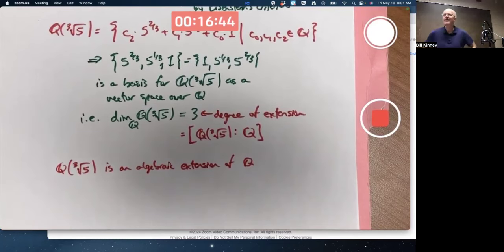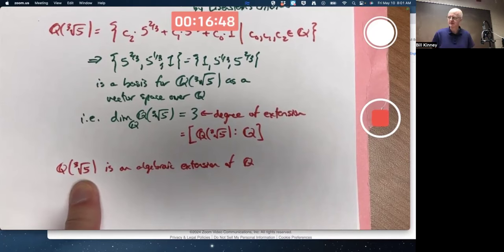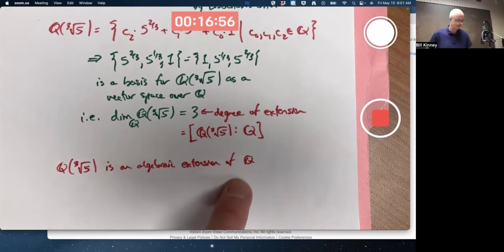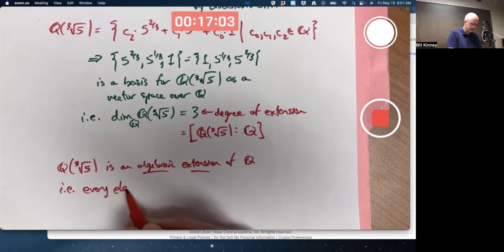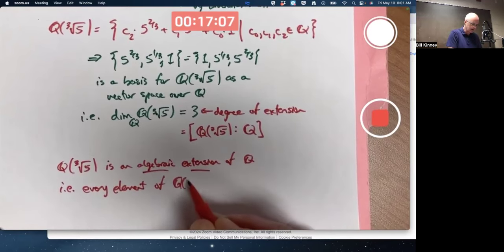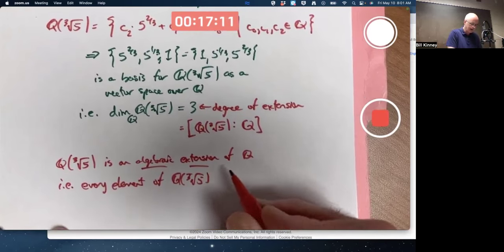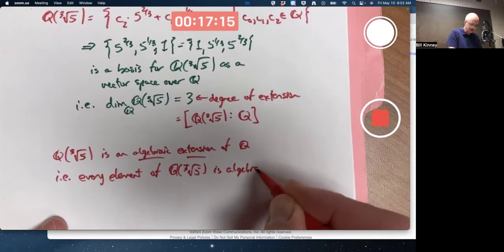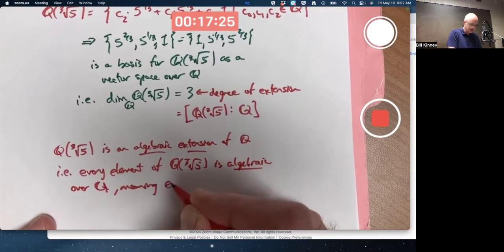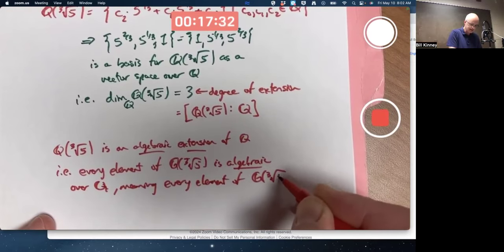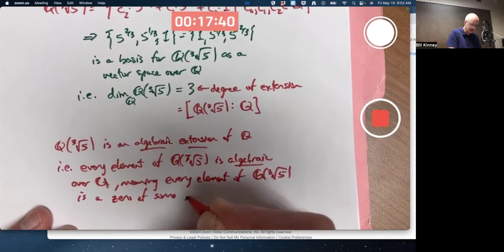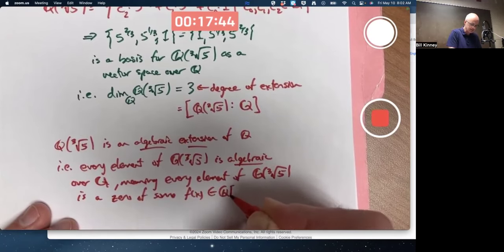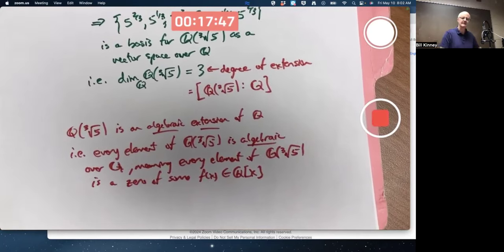It means every element of this extension field is a zero or root of some polynomial with coefficients from Q. I.e., every element of Q adjoin root 5 is algebraic over Q. Meaning every element, it's kind of wordy, but I think it's worthwhile, of this extension field is a root or zero of some polynomial f of x with coefficients that are rational. That's what it means to be algebraic.